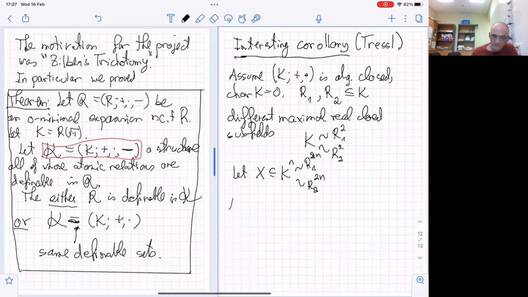And now, assume the following. How should I write it here? Let's call this R1. Let's call R1 the following: the real closed field R1 with its plus and times, the same one coming from K. Let's call its ordering less than 1 and put X as a subset of R1^2n.